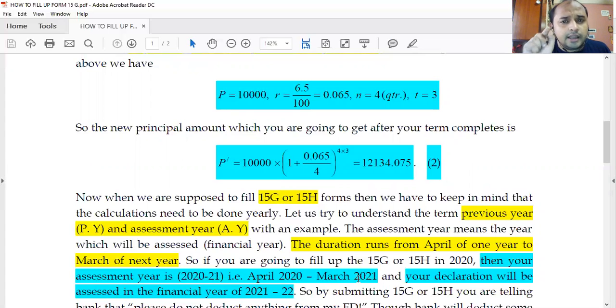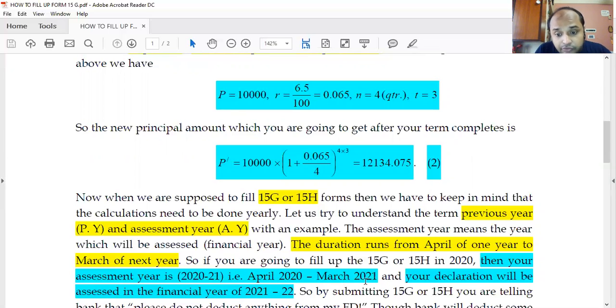But if you declare by submitting the 15G or 15H form, that deduction will be nominal. If you don't submit, the deduction will be much higher. So this is your 1 year span, and for this year you are going to submit the 15G and 15H form.